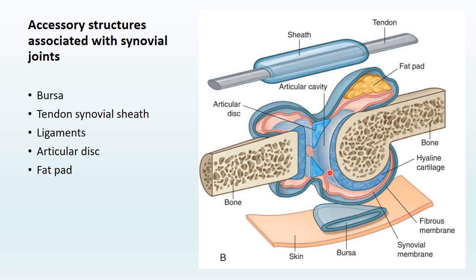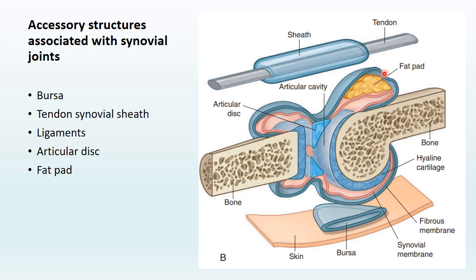Why are they present? First, to withstand the compression. Second, to accommodate the change in the shape of the articular surfaces during movement, and in addition, it increases the range of motion of this joint.